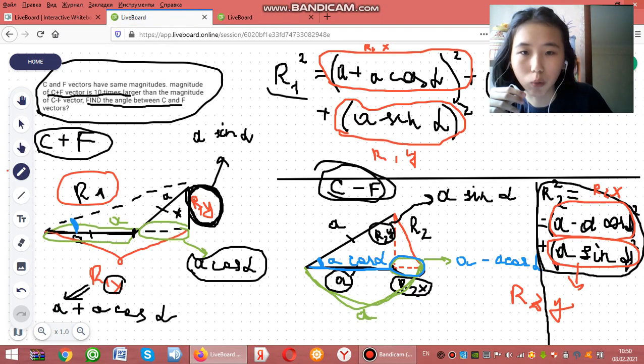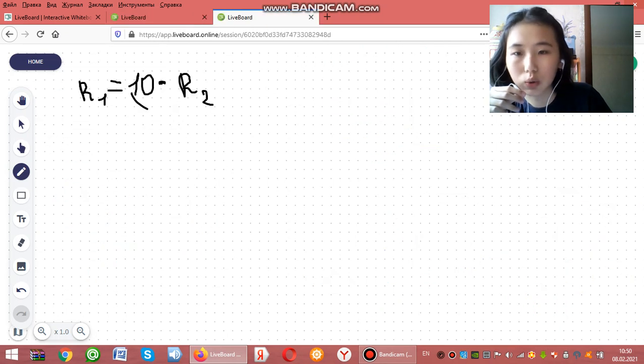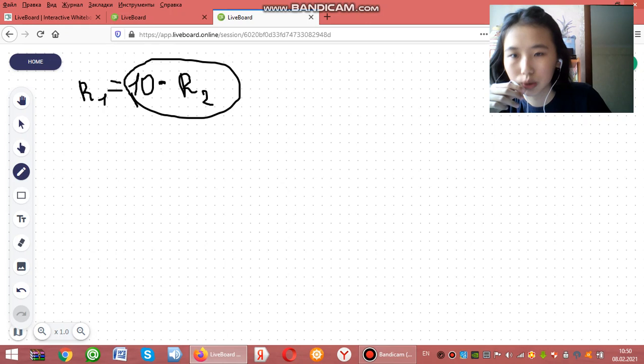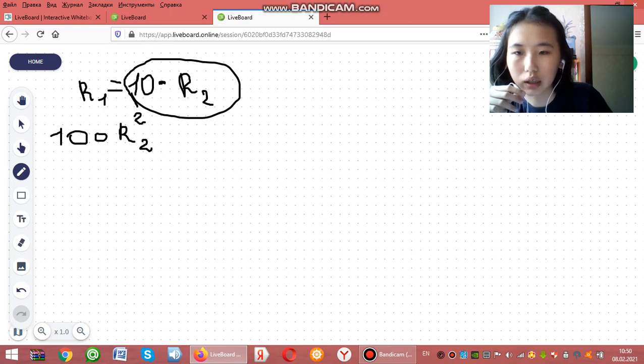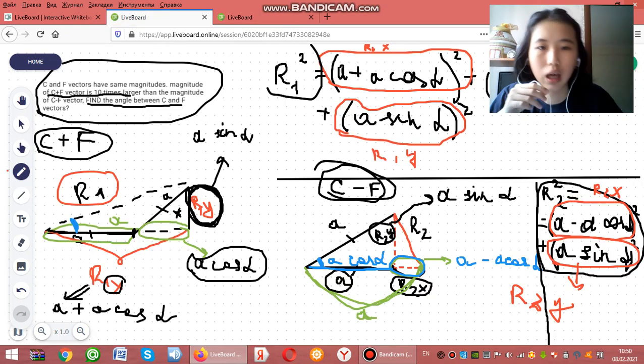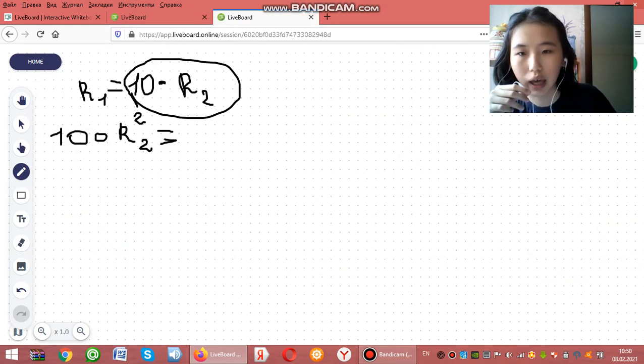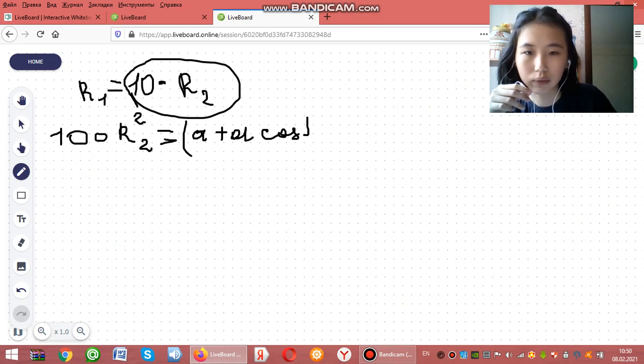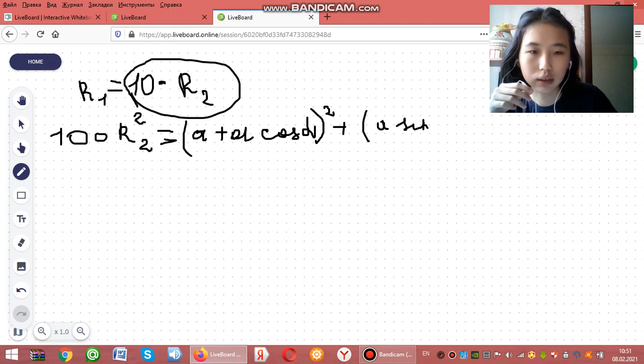Here R1 square will equal 10 R2 square, so it will be 100 R2 square, equal to R1x: a plus a cosinus alpha, squared, plus a sinus alpha squared.